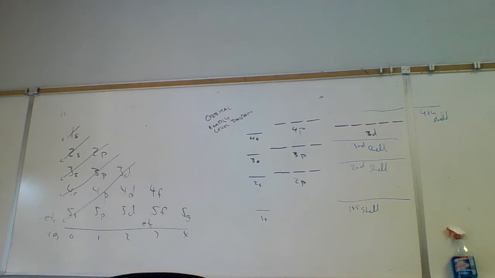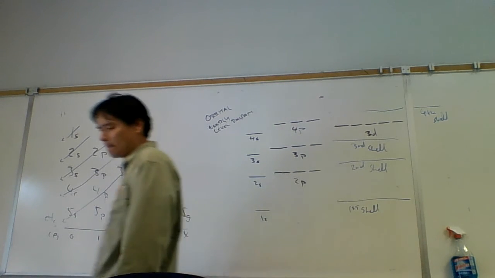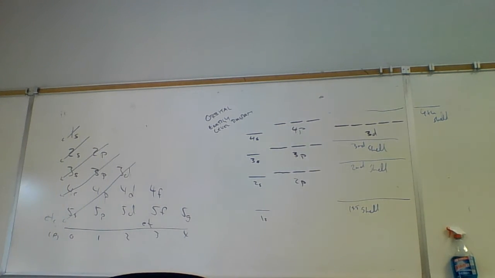In Chem 1A, you have to be able to generate both: for the single electron species, which we did on the board, and the multi-electron species. I want you to focus on the multi-electron species. Because single electron species is only valid for hydrogen. So it's a lot of work just for hydrogen. We're not going to do it. Although it's pretty easy to remember it. But one less thing. And so this is the most important.